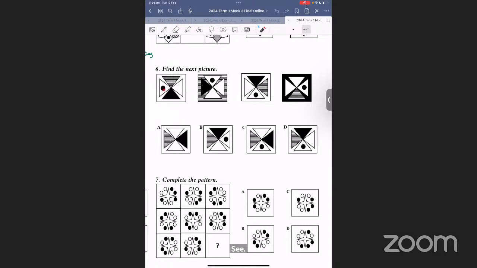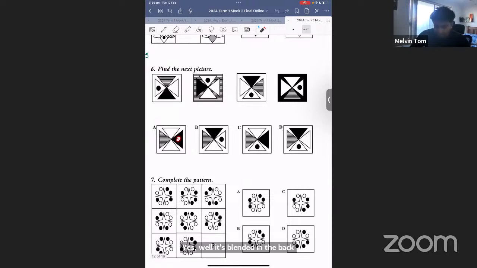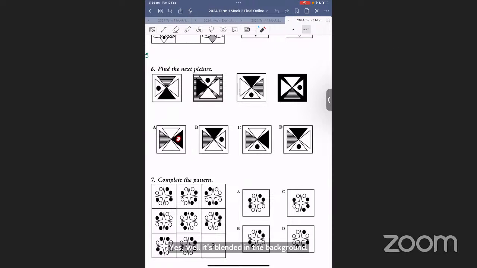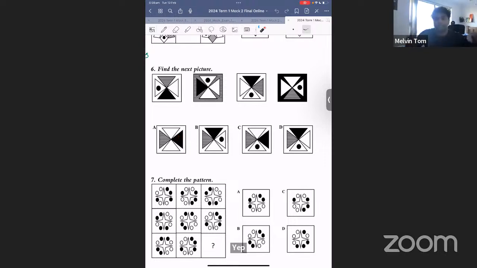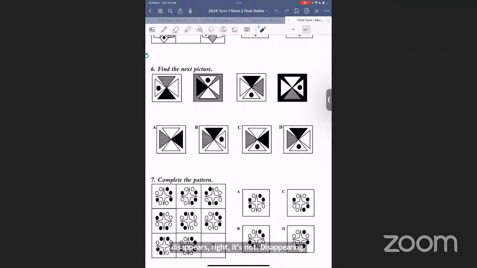Me and my dad were fine, except in the last one, the answer said that the dot disappeared, so it was A. Well, it blends in the background. Whenever something disappears, it's not actually disappearing. It could be that it's just overlapping or behind something. It's just hiding from vision. Do you understand? Yeah. All right.